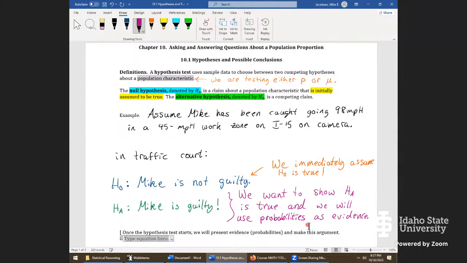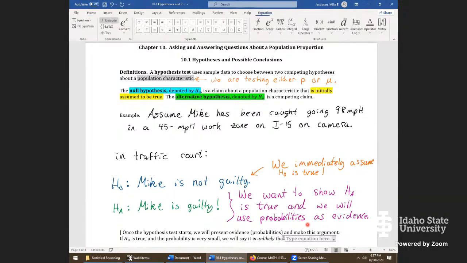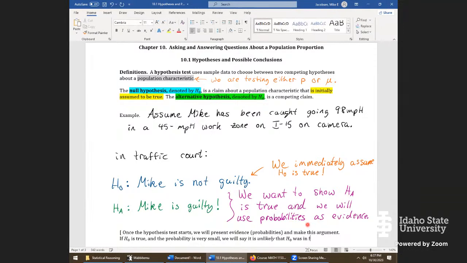If H naught is true, and the probability is very small, we will say it is unlikely that H naught was in fact true, and that we have evidence in favor of HA.